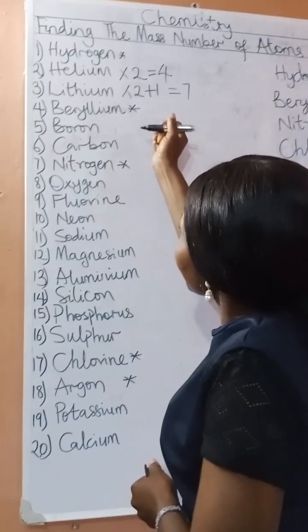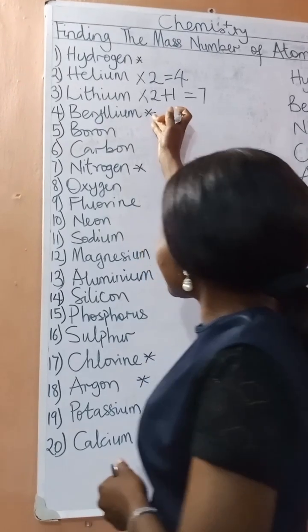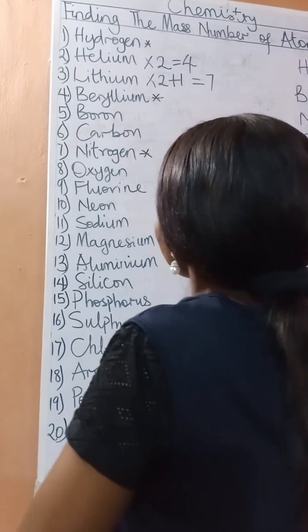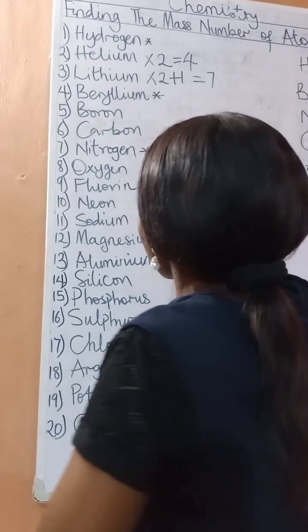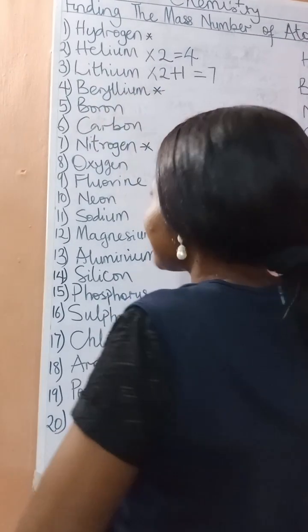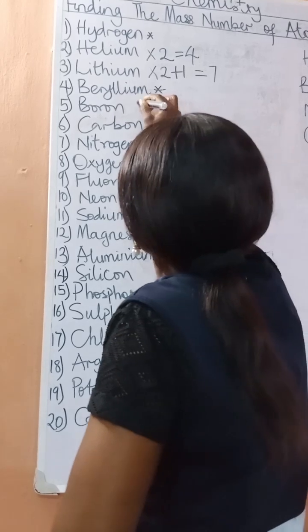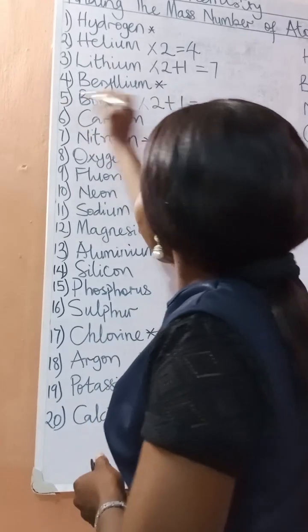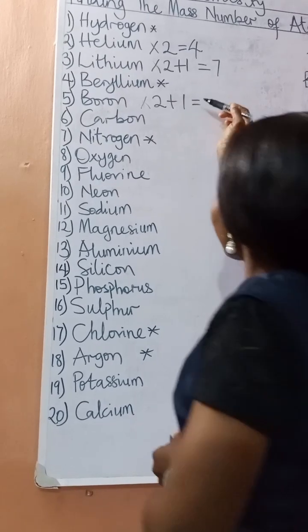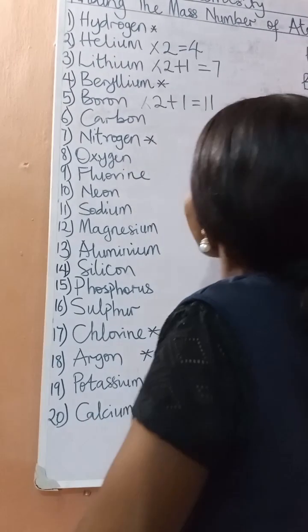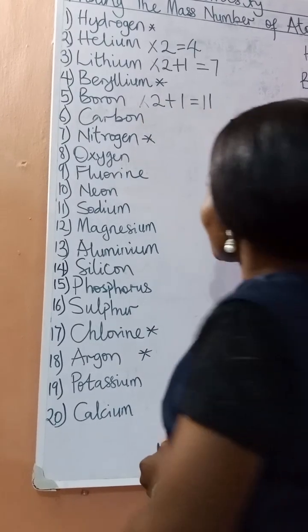The next one is beryllium, but as you can see, it is asterisked, so we don't touch that. We move over to the 5th atom, which is boron. Boron has proton number 5. That is an odd number, so we do times 2 plus 1. 5 times 2 is 10, plus 1, 11. 11 is the mass number of boron.